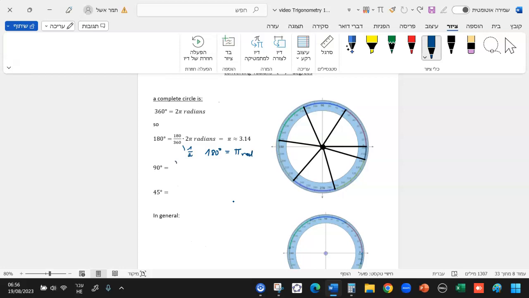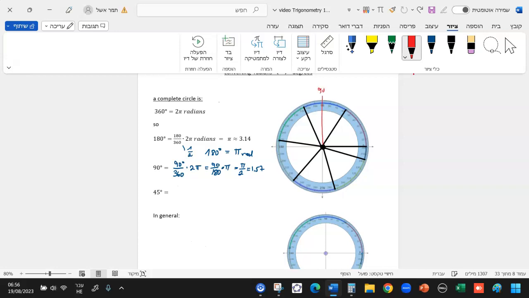For 90 degrees, we take 90 degrees out of 360. This is a quarter of a circle, and we take a quarter of 2 pi. Of course, we can look at it as 90 over 180 times pi. Anyway, this is pi over 2, that is equal to around 1.57. And you can see this 1.57 on the circle.